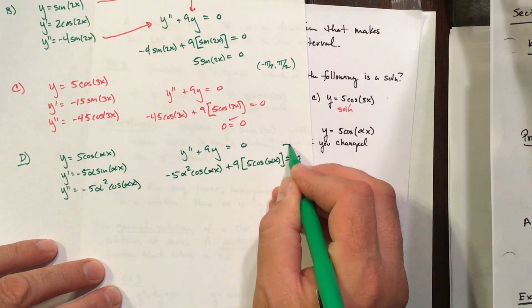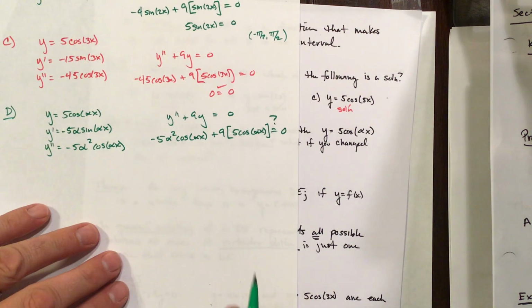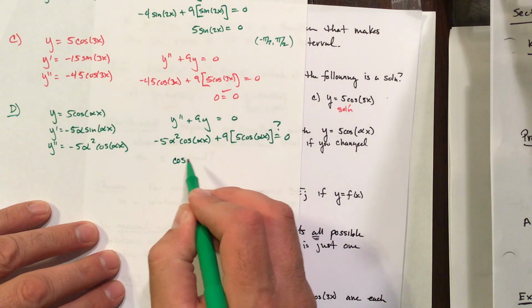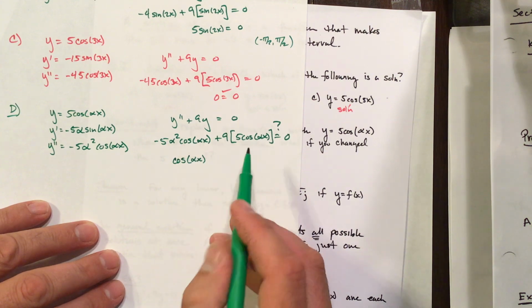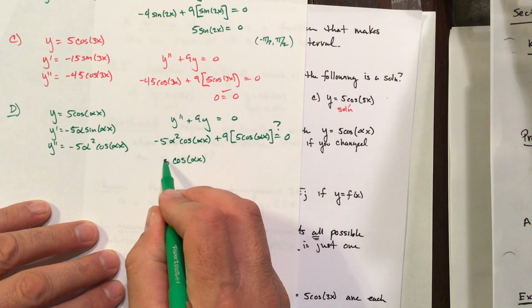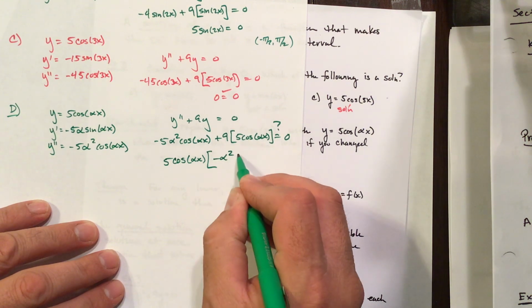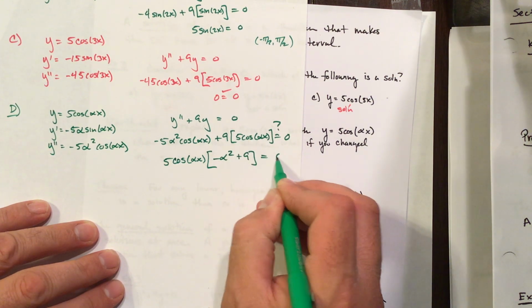Is that equal to 0? You see both of these have a cosine alpha x in common, so we can factor that out. Both of them have a 5 in common, and we can factor that out. What am I left with? Minus alpha squared plus 9 is equal to 0.